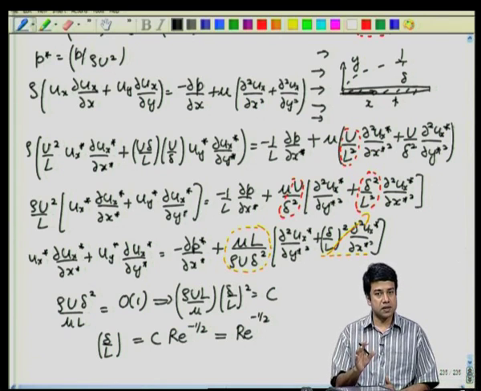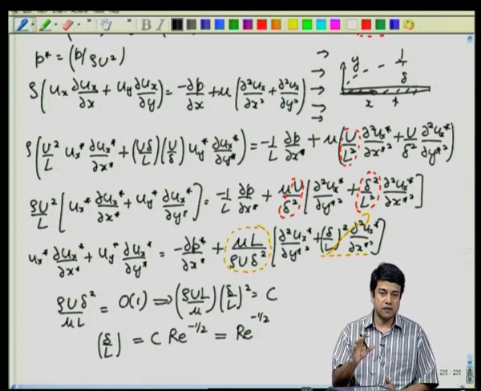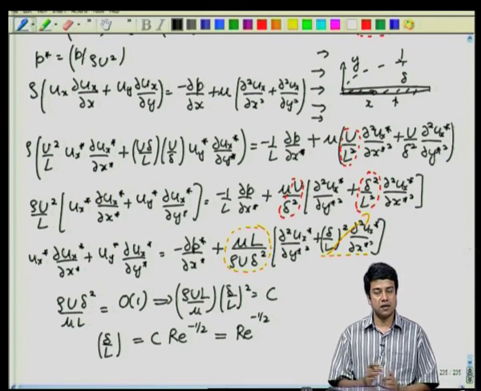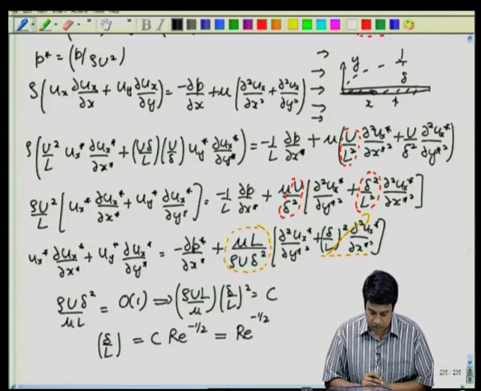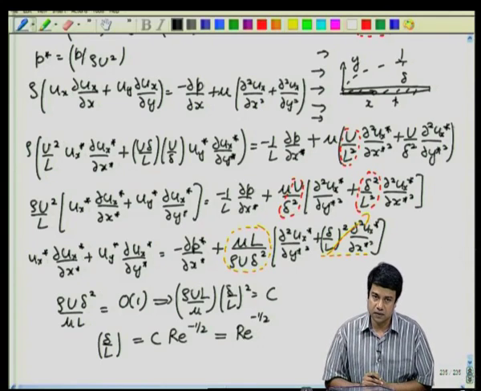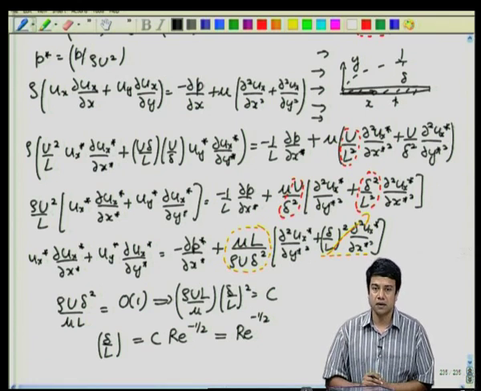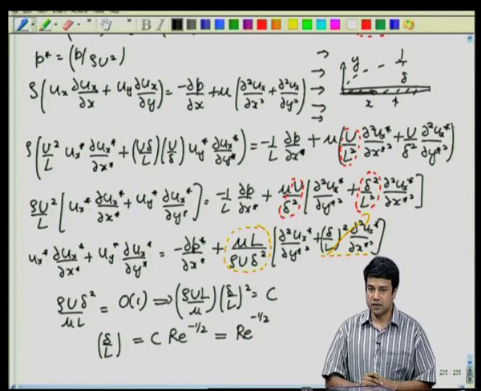However, it will not change the solution in terms of the unscaled variable, because when I convert back to the unscaled variable, I will end up with the same solution once again, because the equation itself has only one solution. So, this has given us the dependence of delta on Re in such a way that the viscous and inertial terms continue to balance each other even in the limit as Re goes to infinity.